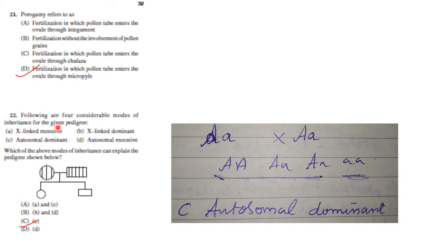X-linked recessive means the males should have got the disease. So autosomal dominant means here at least 3 will have the particular trait and 1 will not have the dominant trait. So it is autosomal dominant. Answer is option C.